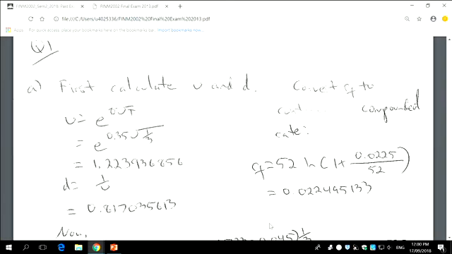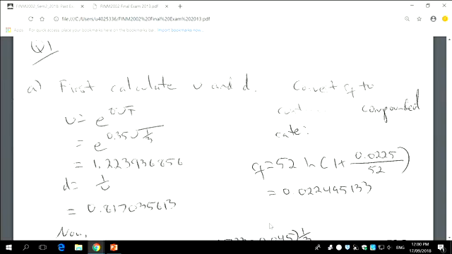And then you need to calculate U and D. Remember, there are 3 ways to calculate U and D. Either you're given percentage changes, you're given dollar values, or in this case, you're given annual volatility. So for my annual volatility, U is going to be equal to e to the power of that annual volatility. It's continuously compounded in this question, so we can use it as given, multiplied by the square root of t, where t is the length of each time step.